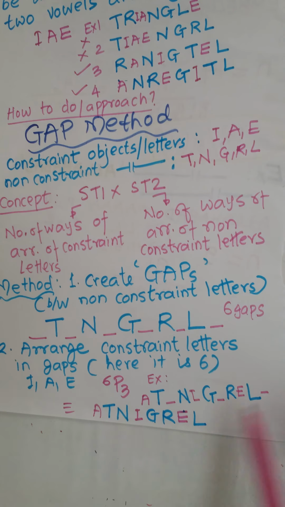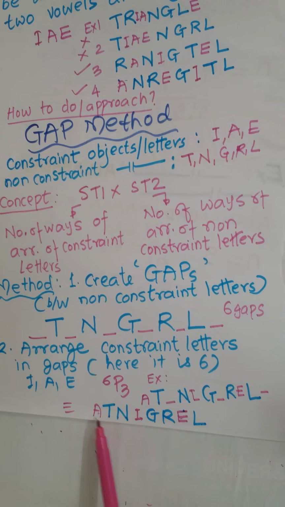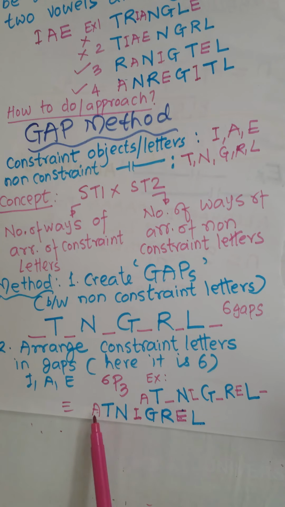So effectively this means this. Now we have T and G R L at these specified positions, and A, I, E are already arranged in the selected positions in 6P3 ways.